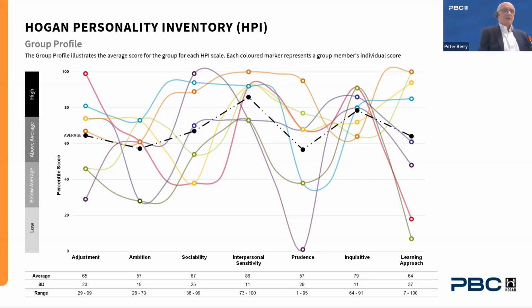So if I look at the HPI, the yellow profile, higher adjustment can be an advantage, just being able to cope better with stress and stay positive. Otherwise, if you've got a very low score, it needs to be a learned behavior, being resilient and burning off bad stress. Ambition, a reasonable score there, can help with being confident, self-assured, networking, leader-like.